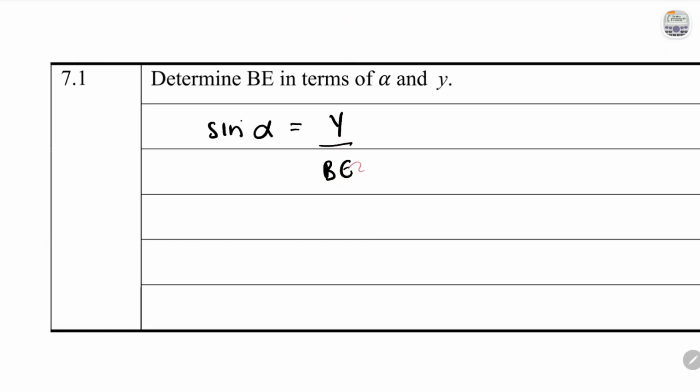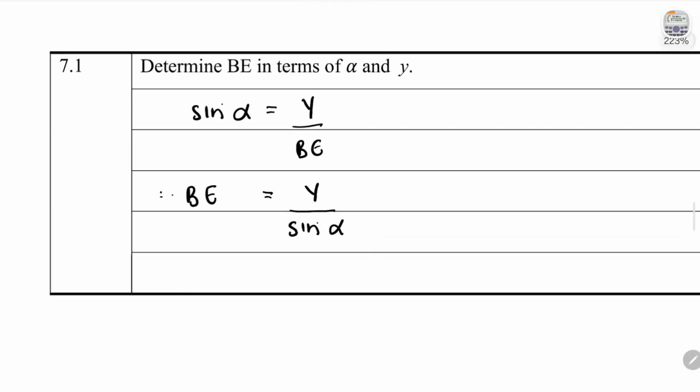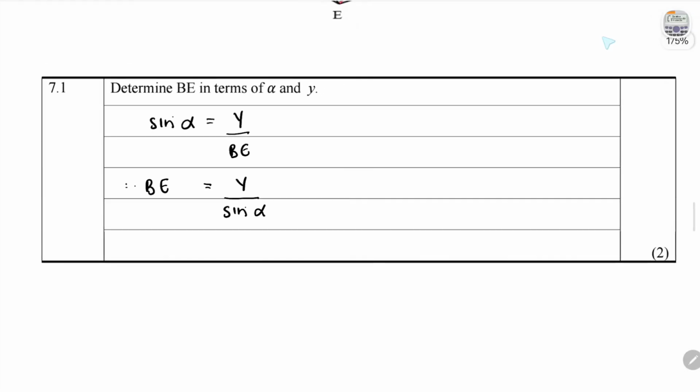Since BE is in the denominator, when you transpose it, it'll go to the numerator. And y was originally in the numerator with a natural denominator of 1, so when you transpose it, it's going to go to the denominator. So this is y in the numerator over sine alpha in the denominator, and that is our answer.